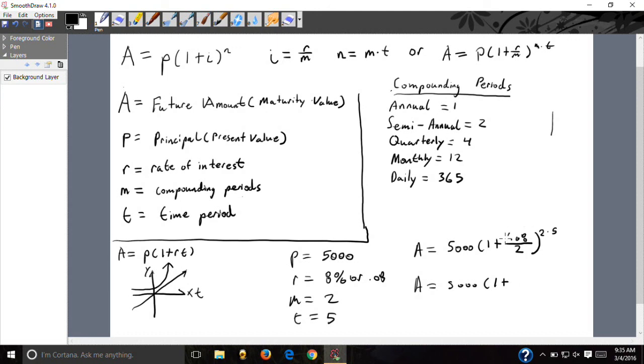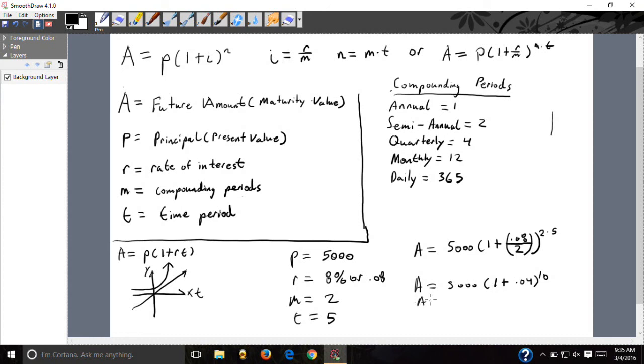So you want to do your parentheses first. I'm going to do this one, which is division. I'm following PEMDAS, okay? I got to do this I part first. So I'm going to do 0.08 divided by 2, which is 0.04. And then this up here is going to become 10, 2 times 5.